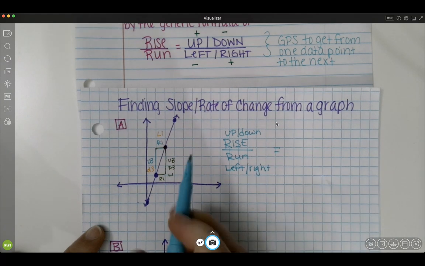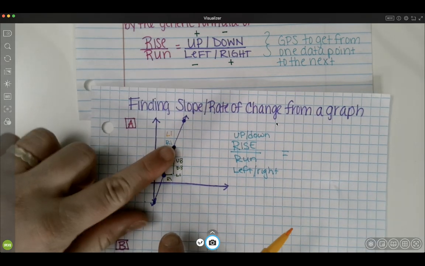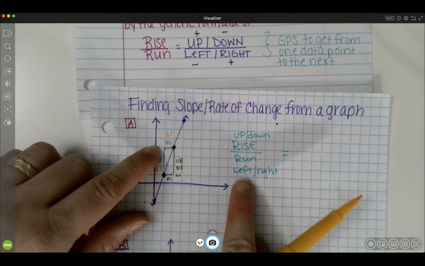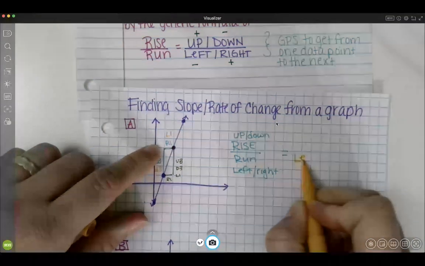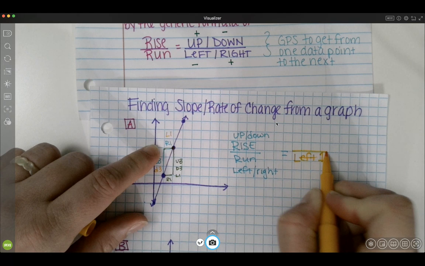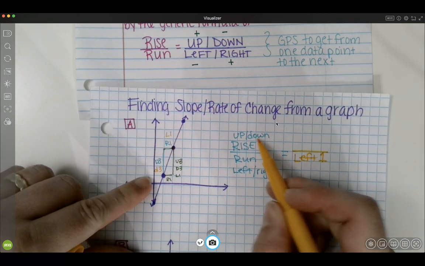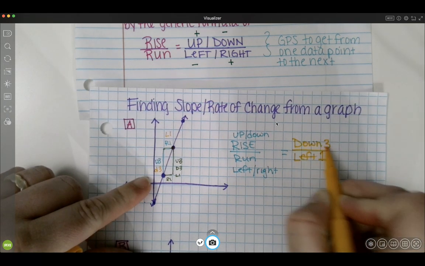So in this case, I'm going to use what I have written in yellow, because I want to point out what happens if I choose that route. Notice, although I went left 1 first, left has to go in the bottom. So I'm going to write left 1. And then I went down 3, and down is here at the top, so I'm going to write down 3.